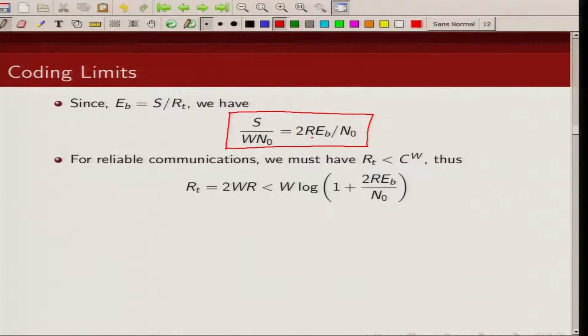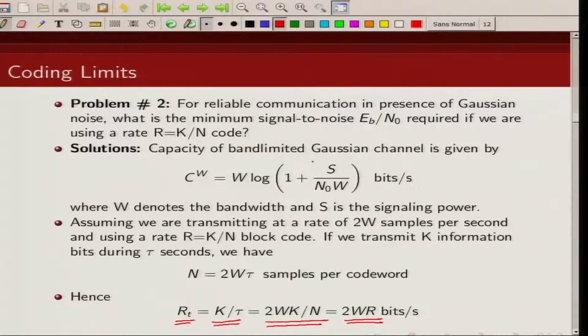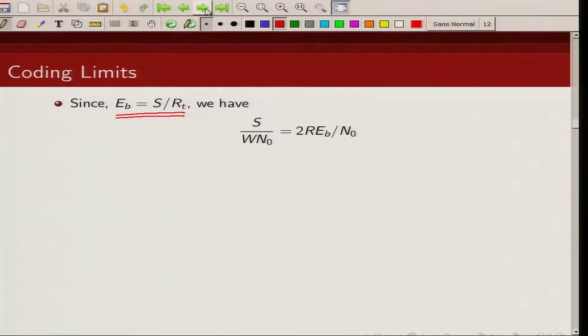This is equal to 2 times code rate into SNR per information bit. So, in the expression for capacity of band limited channel, we can replace this expression by this.